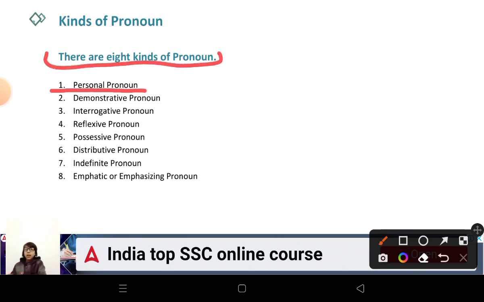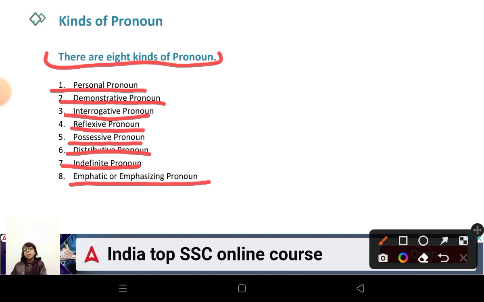Personal, demonstrative, interrogative, reflexive, possessive, distributive, indefinite, emphatic or emphasizing pronoun. Here, emphatic and emphasizing are not different. Both are given the same name. Okay.